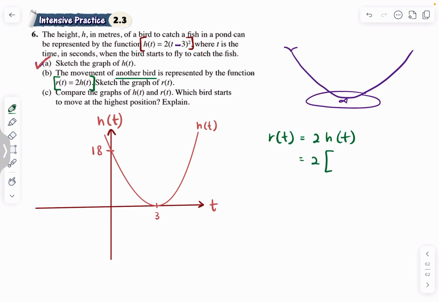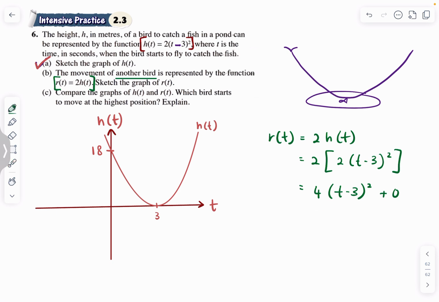So 2 of 2(t minus 3) squared, which is 4(t minus 3) squared plus 0 also. So in this case, the only thing that has changed is the a value. The a from 2 it became 4.